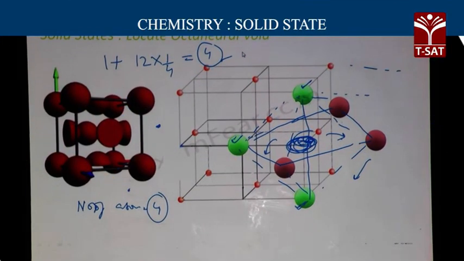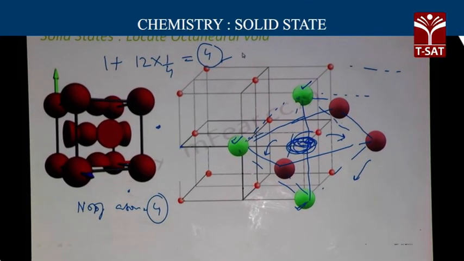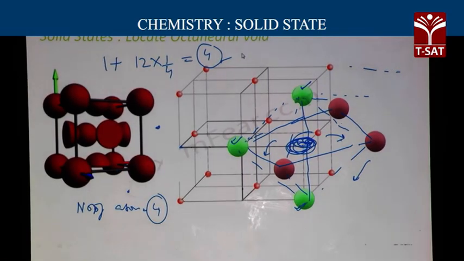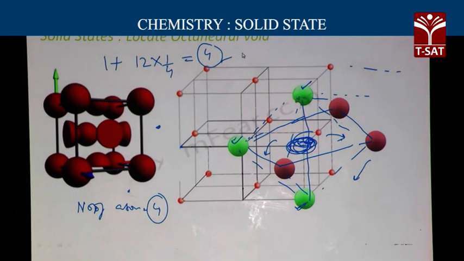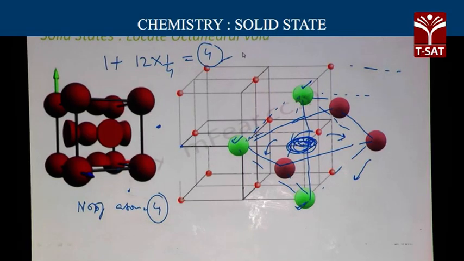Let us talk about the octahedral void. See, in this octahedral void, green ball belongs to one unit cell, and pink ball belongs to 3 other unit cells. Let us talk about octahedral voids.